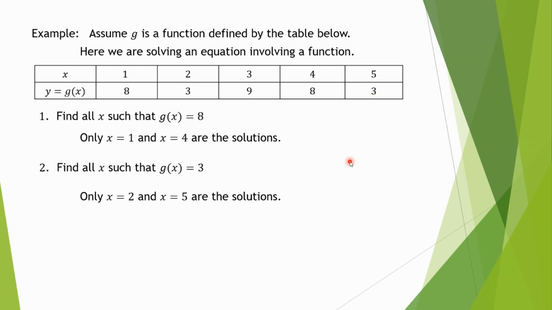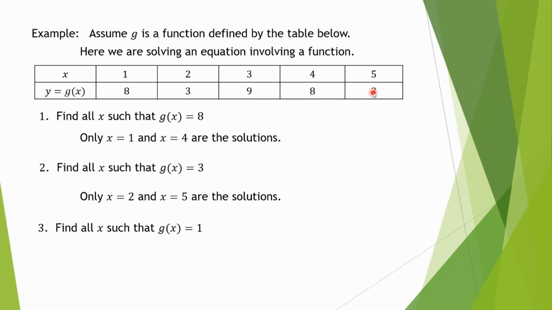Okay, that's good. Now here's another example. What about this? When is g of x equal to 1? Well, we have 1 here as x, but we want to know when 1 is g of x, when 1 is an output. Well, we have 8, 3, 9, 8, and 3.